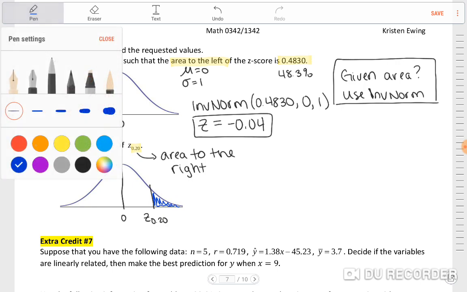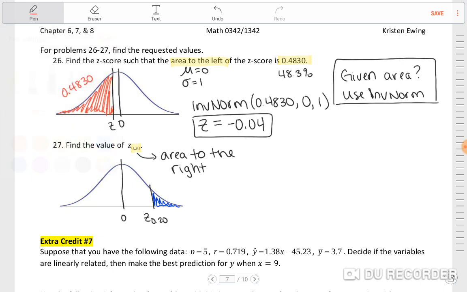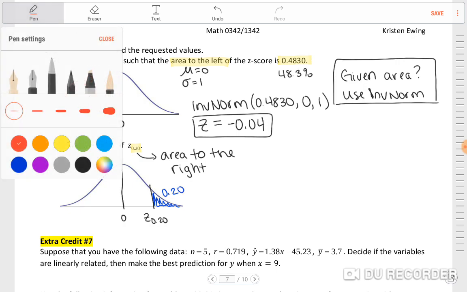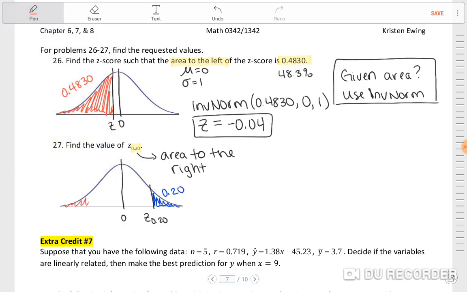But in order to use the inverse norm, I need to know the area to the left. So the area to the right, oops, I didn't label it, this 0.20, but my area to the left, all of this stuff, this is 0.80, 80%, 20%, right?